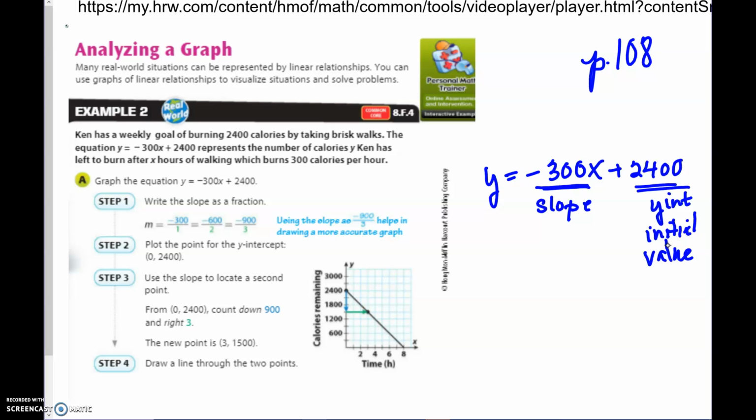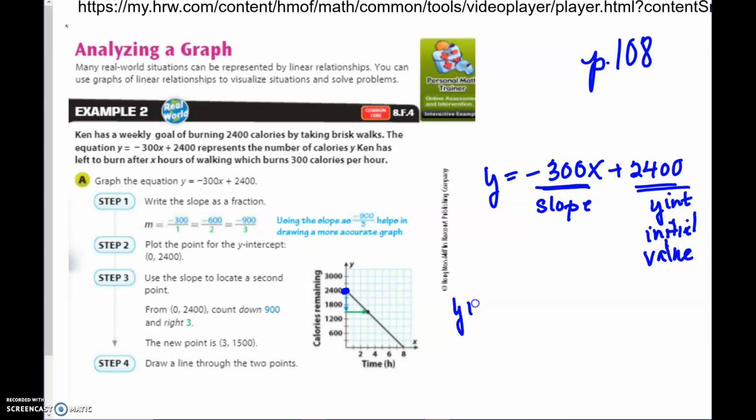So he burns 300 calories an hour. So one thing we could ask would be, how many hours would Ken have to walk in order to burn off 2,400 calories? Okay, so we can start by graphing this equation, and 2,400 calories is where we're going to start. That's our initial value.